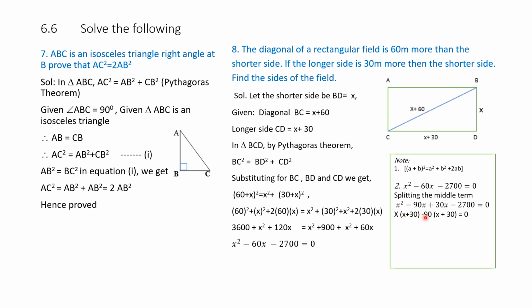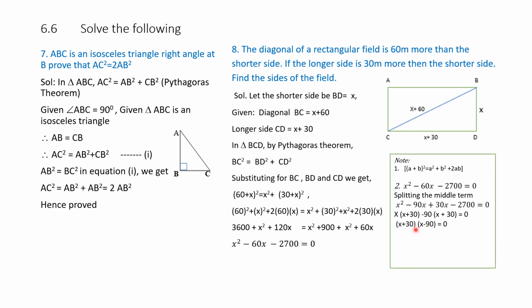If we take x common between x square and 30x, x remains here and x plus 30 remains here. Similarly, between the second term and the third term, we take minus 90 as common, here it becomes x, and minus 90 into 30 gives minus 2700. So this becomes equal to 0.